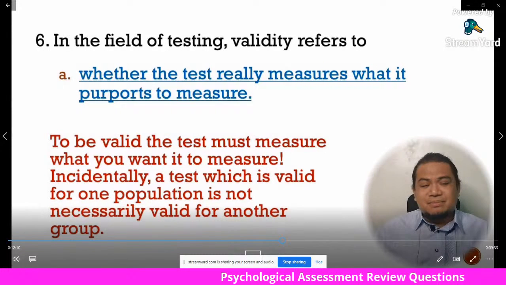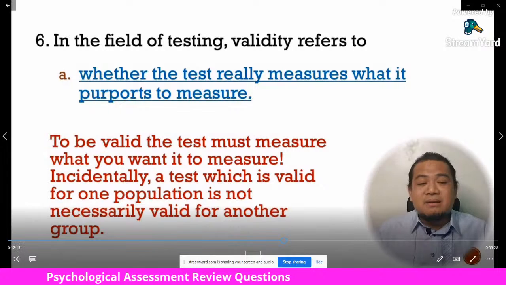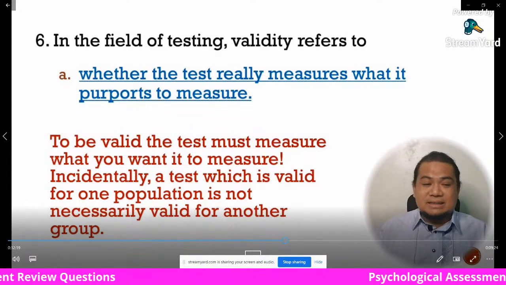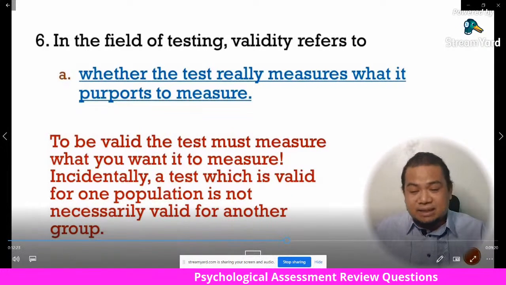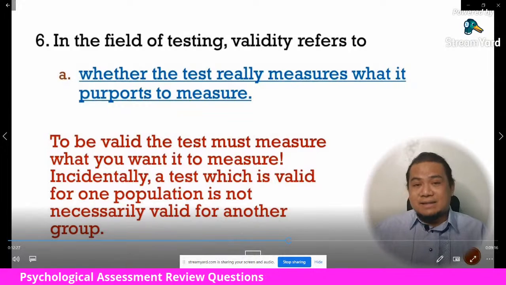On some exams, concurrent validity and predictive validity are often lumped under the umbrella of criterion validity, since concurrent validity and predictive validity are actually different types of criterion-related validity.